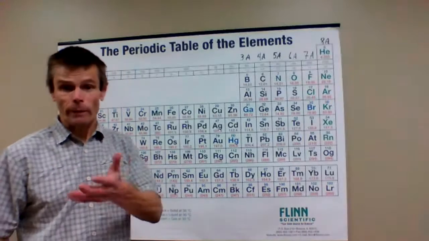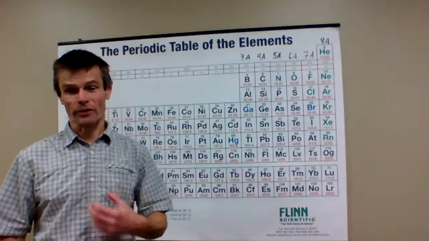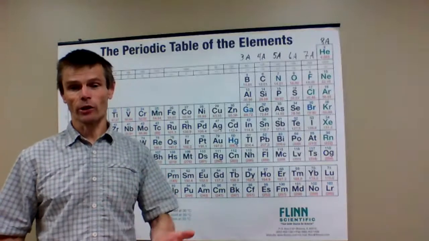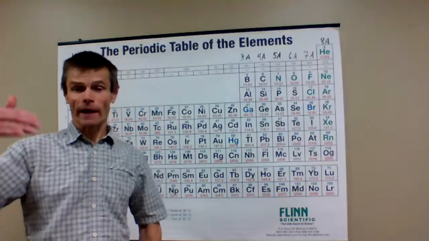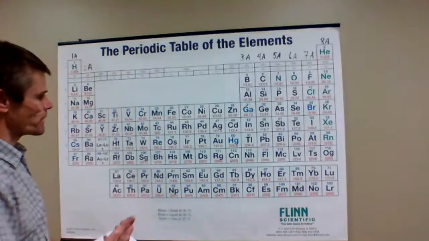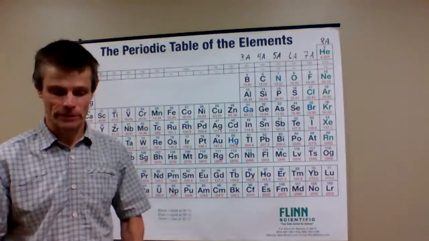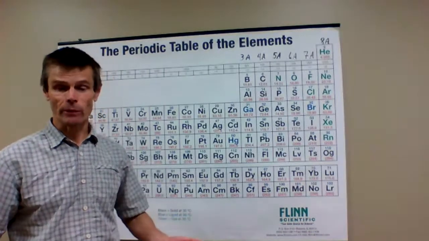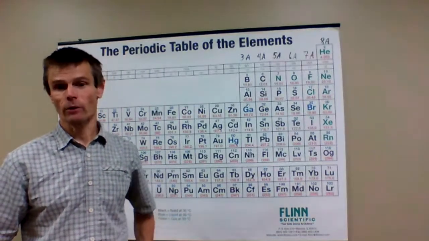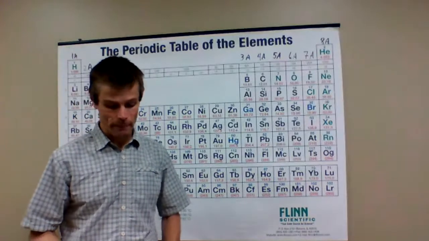So this is what a periodic property is. It tells us that we can understand a little bit about the property of an element and how they trend, how they may change based upon a comparison of elements in the periodic table. And that's simply Chapter 3.1, simply discussing what periodic properties are.